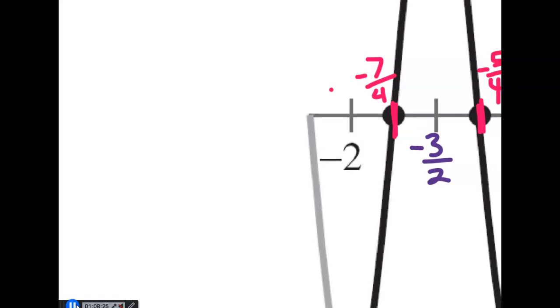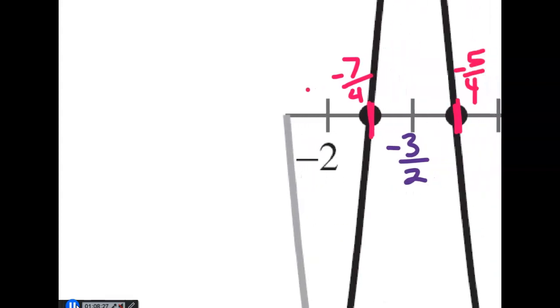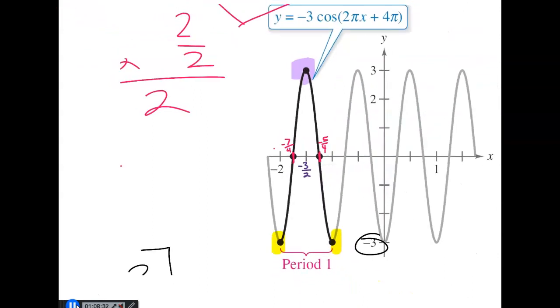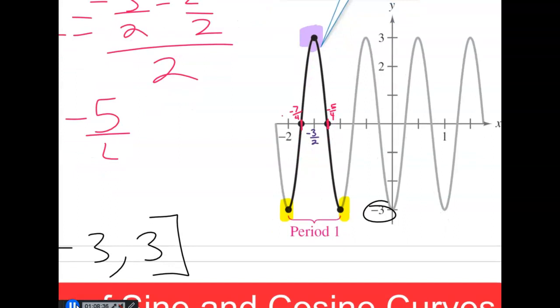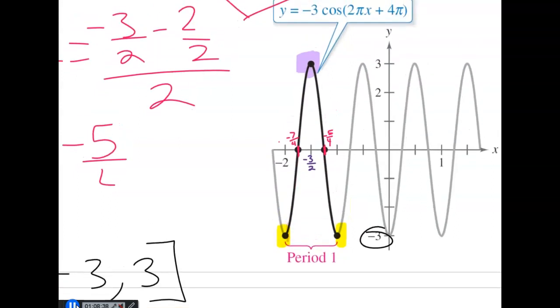And the y value is 0 because they are on the x-axis. So to graph one period of this graph, it will go from here to here. And if we are asked to graph more than one period, then we will just repeat that same pattern to as many periods as they want us to graph.